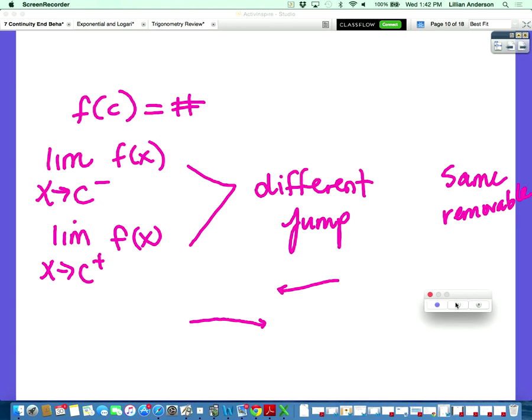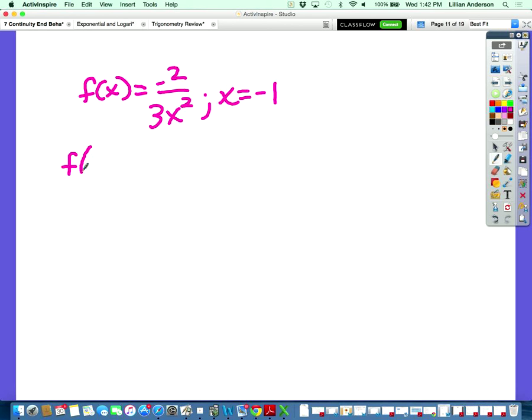And number one, what type of function was it? It was reciprocal. It was f of x equals -2 over 3x squared, correct? And x equaled -1. You were trying to figure out if it was continuous at x equals -1. It's a reciprocal, so we definitely have to check. First test says to plug in -1.